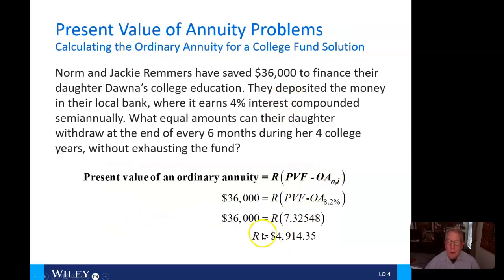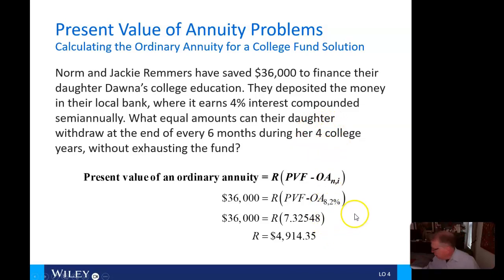So first of all, we'll look at the present value of an ordinary annuity. We look that up for the end of 6 months for 4 college years. So that's going to be 2%, 4% divided by 2, and we'll double the 4 to 8 periods.